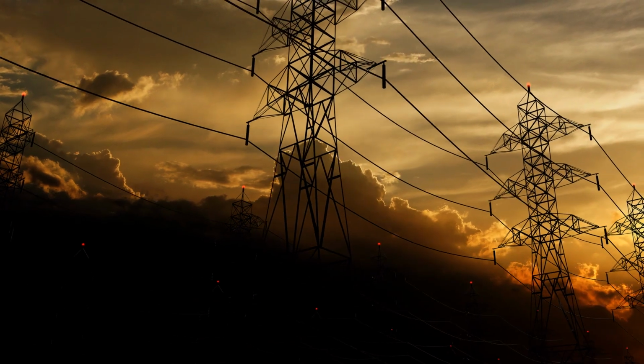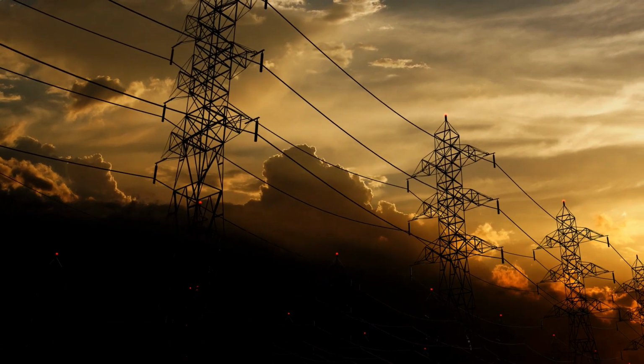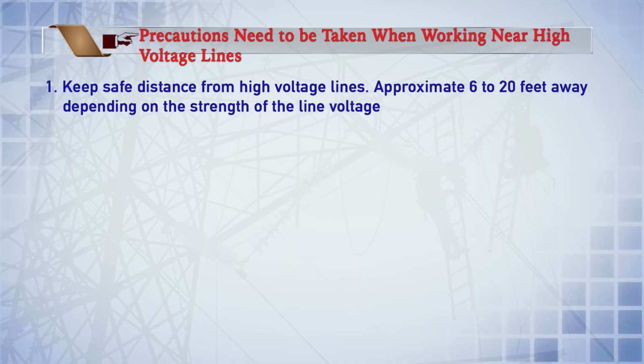Now we are going to discuss precautions to be taken when working near a high voltage line. What precautions are needed when you are working near high voltage? First is to keep a safe distance from high voltage lines, approximately 6 to 20 feet away depending on the strength of the line voltage.